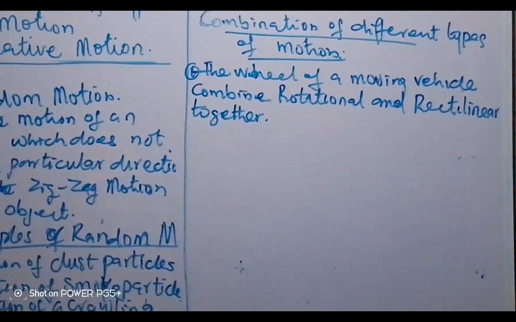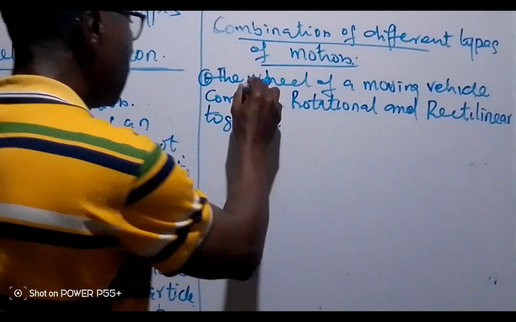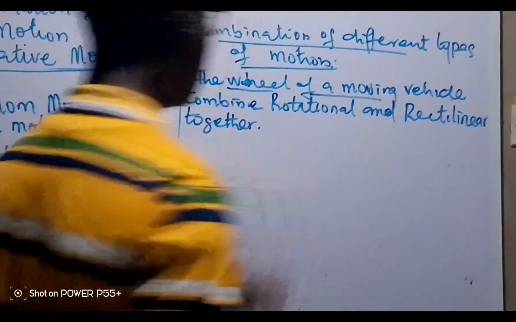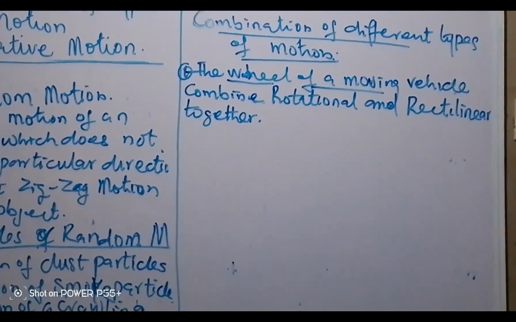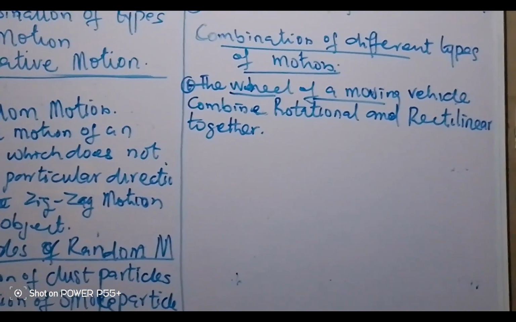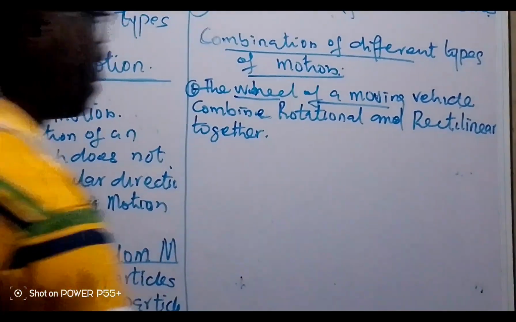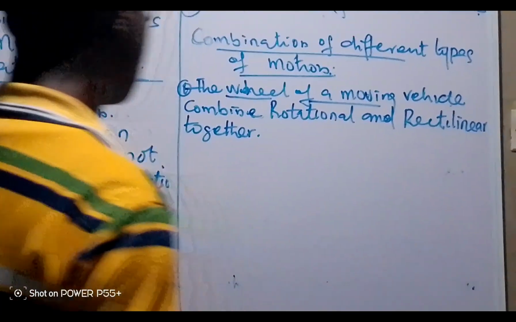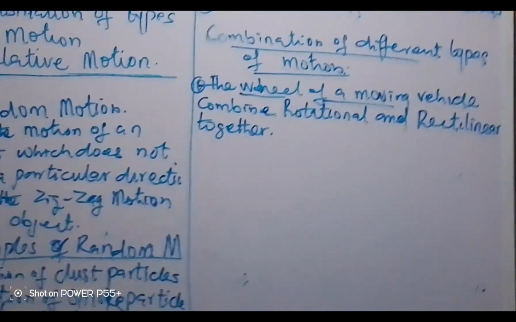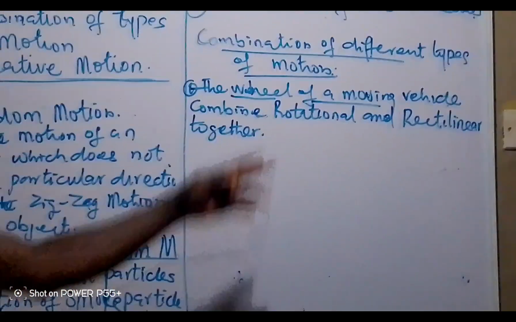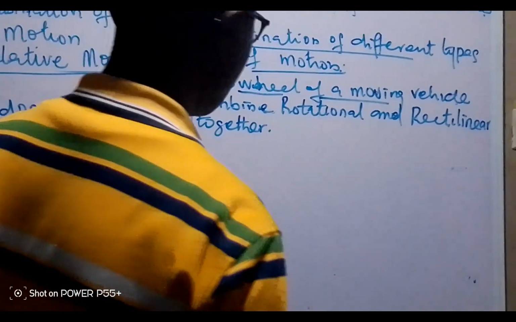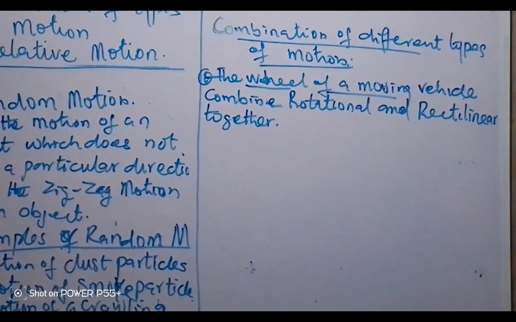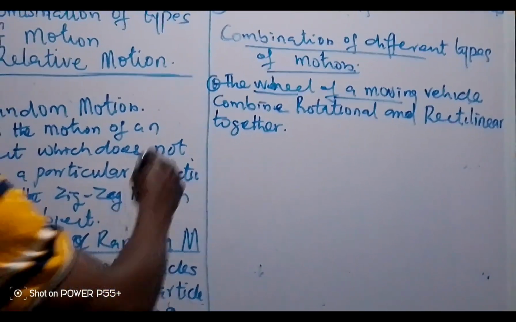See the motion of the wheel of a moving vehicle. When a vehicle is in motion, definitely the wheel will be rotating and at the same time moving on a straight line. So it will combine rotational and rectilinear or translational together.